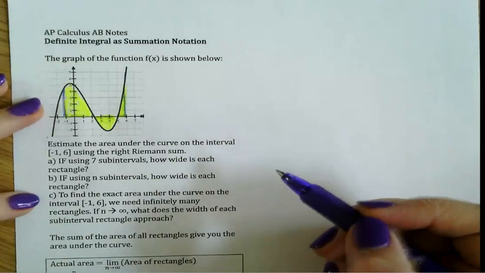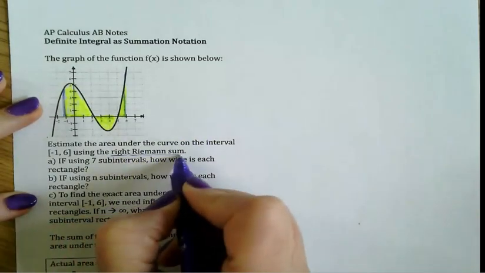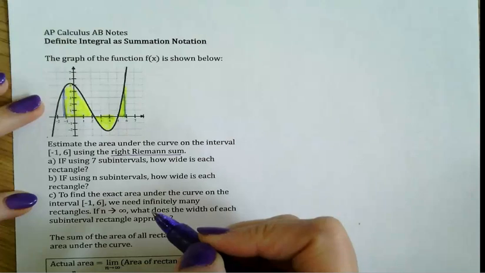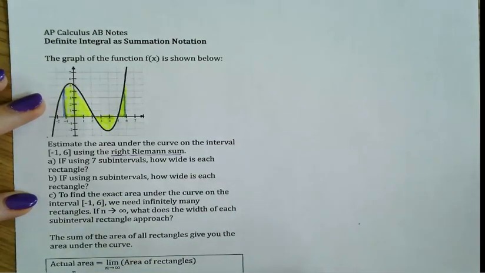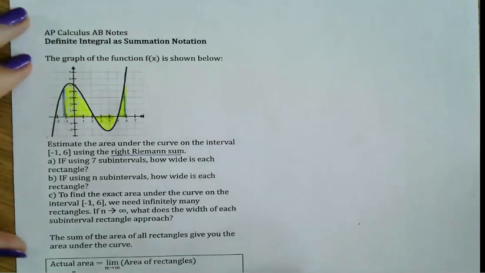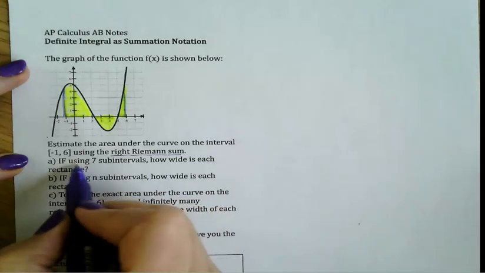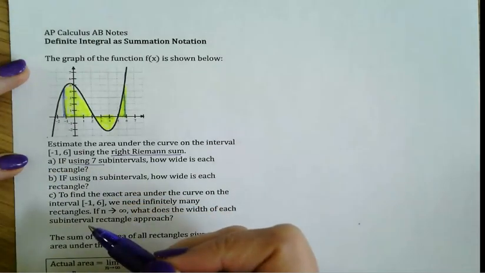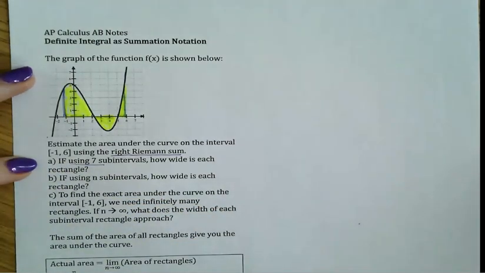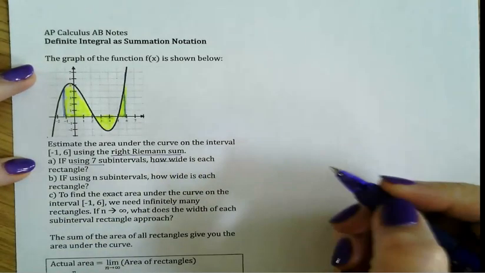Okay, so it says we're using right Riemann sum. You should definitely know that this is for right Riemann sum, not left Riemann sum. We're going to go back to a few things that we know. For instance, if we're using 7 subintervals, how wide is each rectangle?